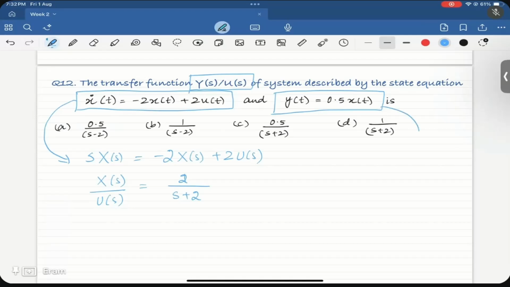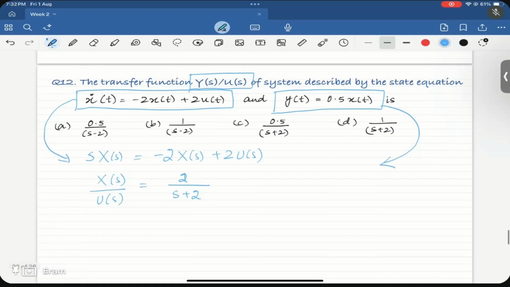And now if I find the Laplace of this, it will be Y(s) equals 0.5 into X(s), right? So Y and X are related by this relation, so we can directly put X(s) as 2 times Y(s).